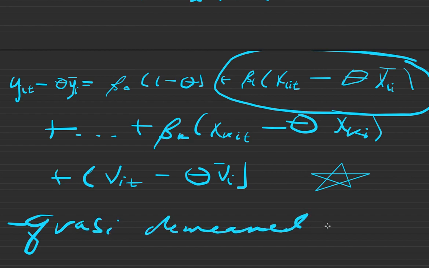So if theta is a weight between 0 and 1, then in the term that is circled, we are removing a portion of the mean of x1 from the observation. So the random effects transformation subtracts a fraction theta of the mean. Because this is not a complete demean, variables that are constant or change very little over time can be included in the regression. Whilst theta does the work for us, we do need to understand how theta is being estimated. So let's take a look at how this theta is estimated.